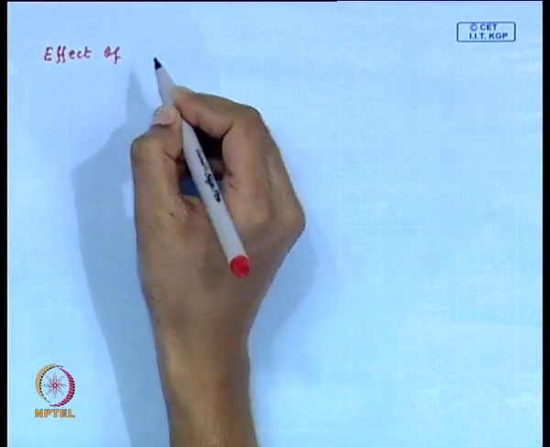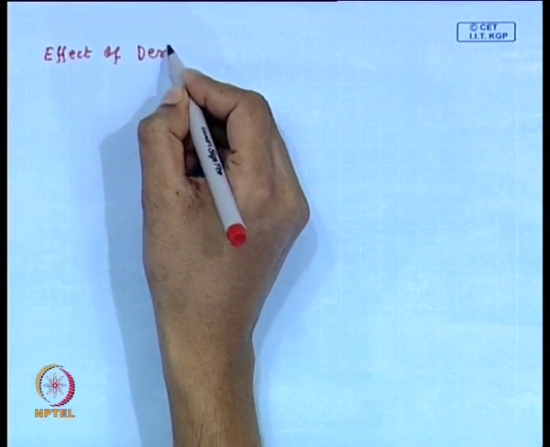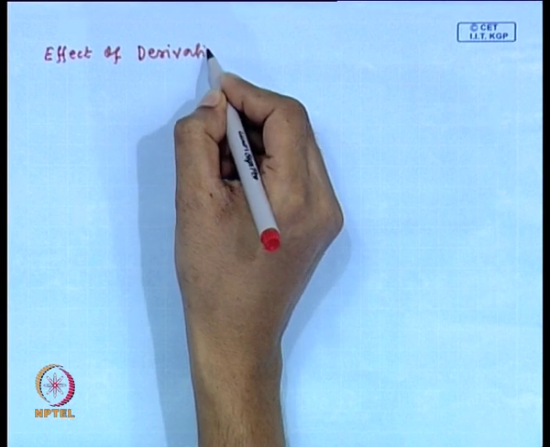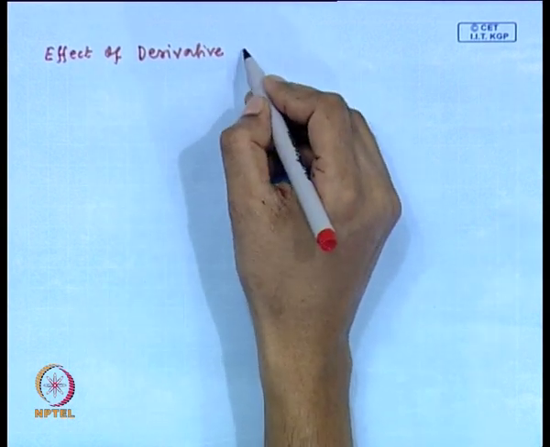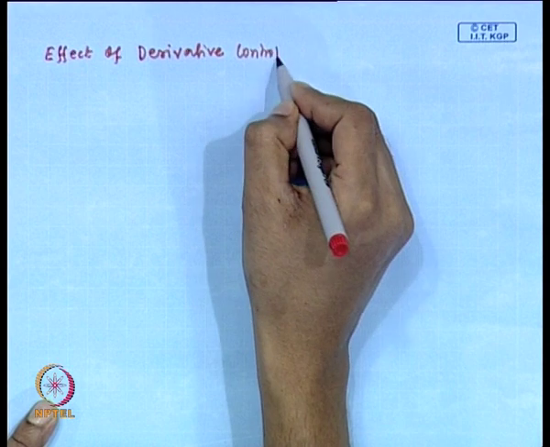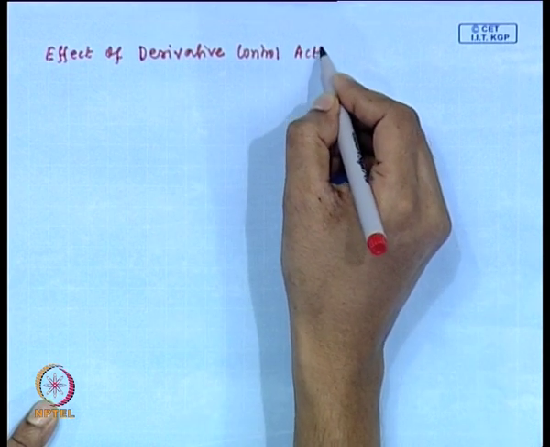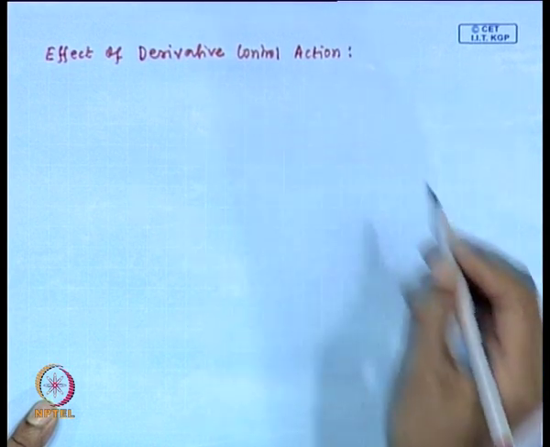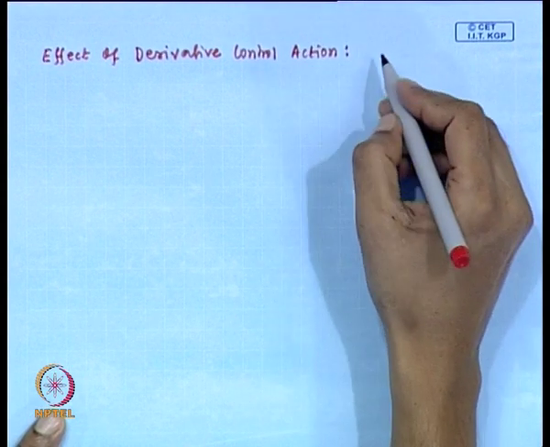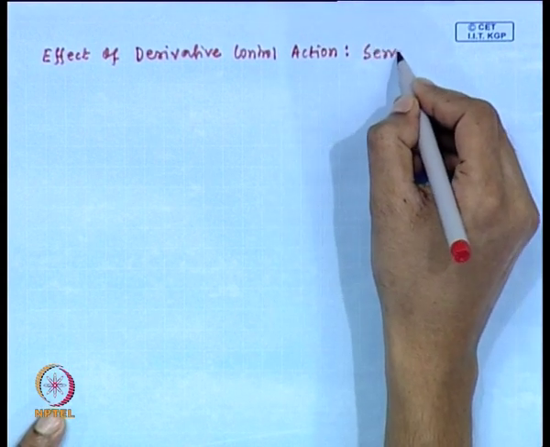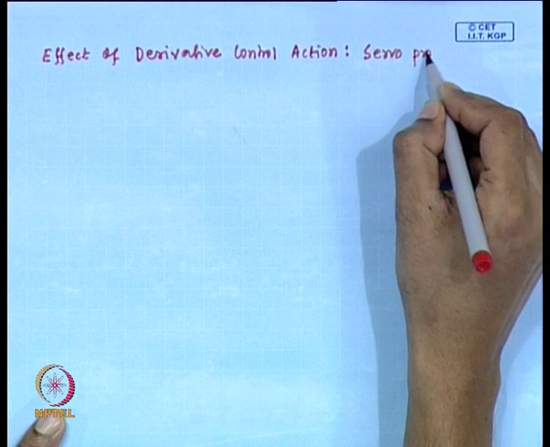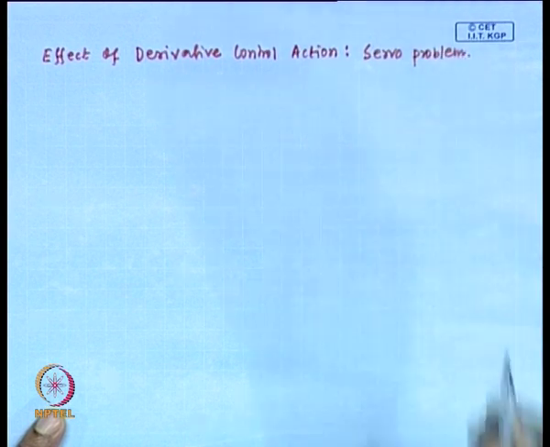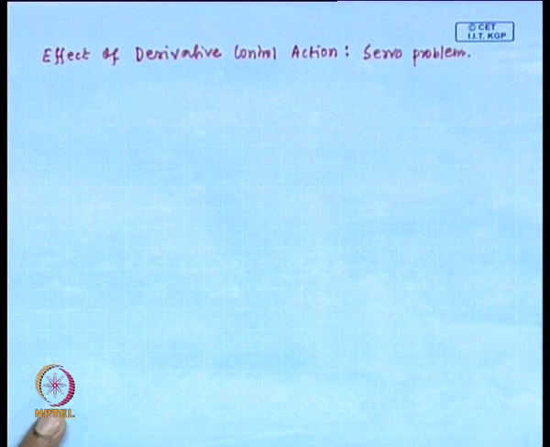Effect of derivative control action. And we will consider the servo problem. In the discussion of derivative action, we will consider the first order process and servo problem.